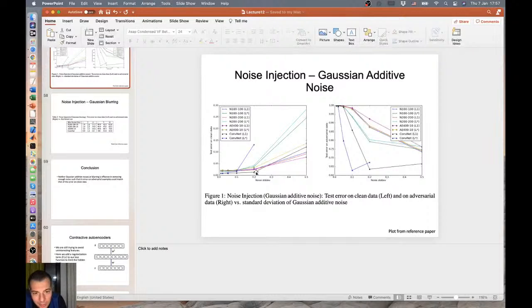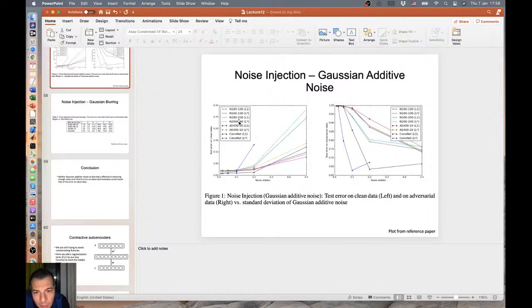Here it seems that deeper models generally have... actually no. If I look at this model, this is a plain model and an autoencoder.